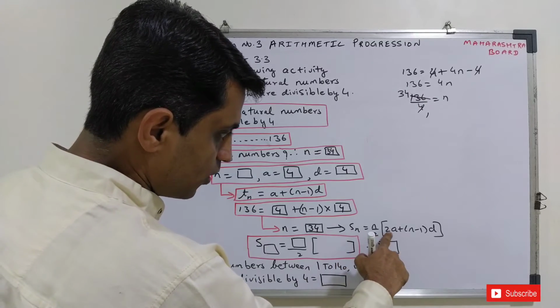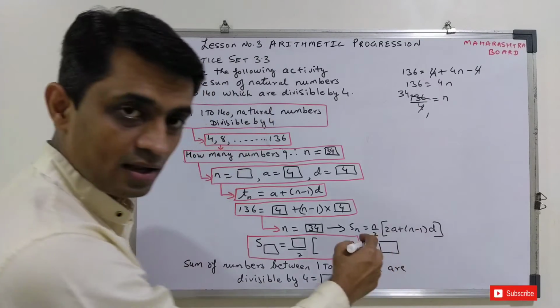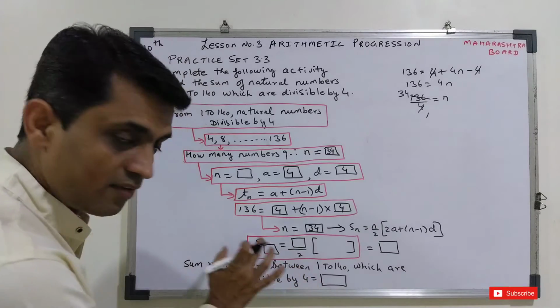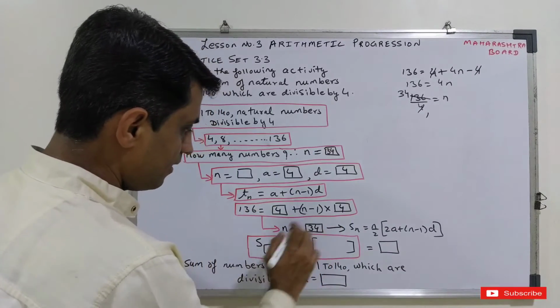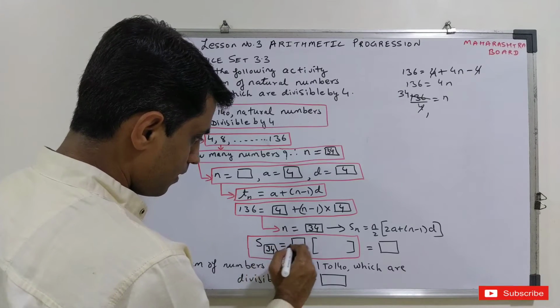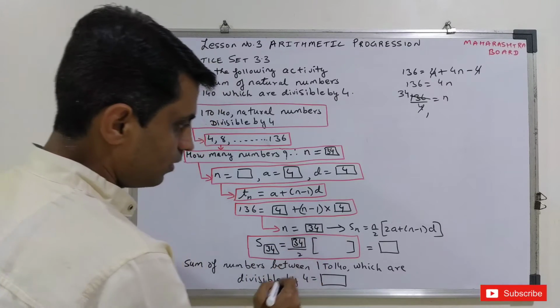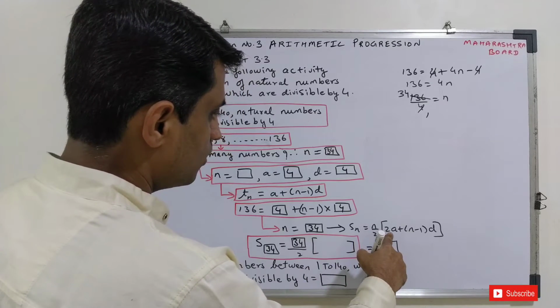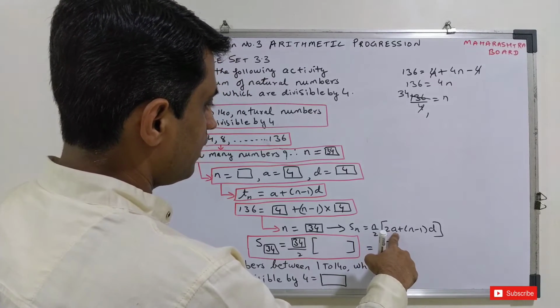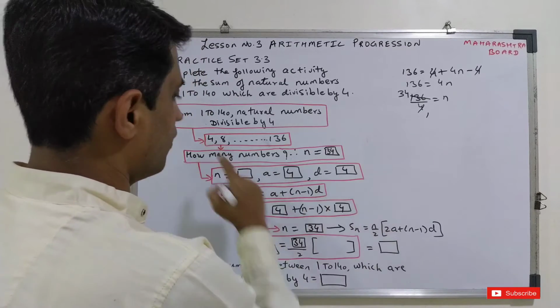Sn is equal to n upon 2, 2a plus n minus 1 into d. The Sn formula is written. So what will come here? Here values will come. What is the value of n? 34. 34 upon 2, and then 2a means 2 into 4, 8.